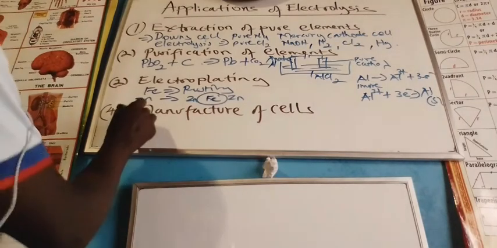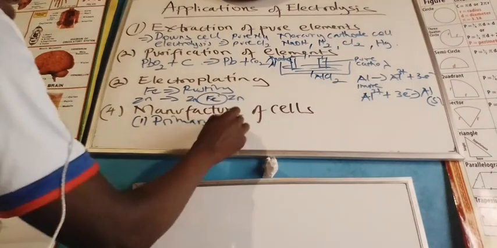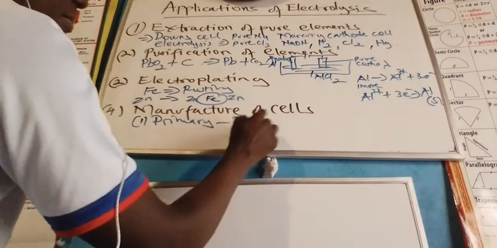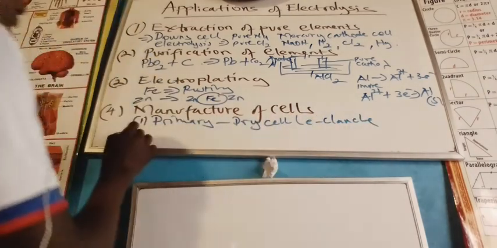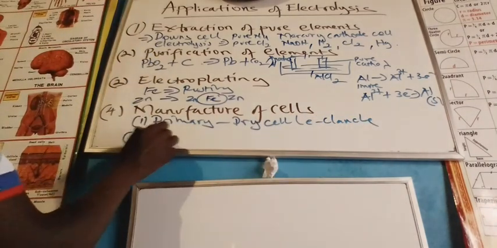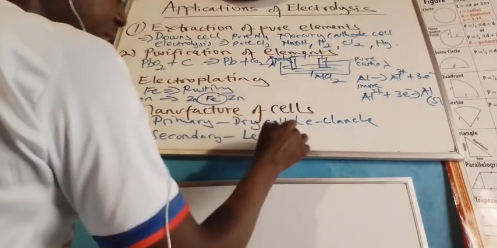We learned earlier that there are two main forms of cells: primary, mainly the dry cell, and the secondary cell, mainly the lead acid accumulator.